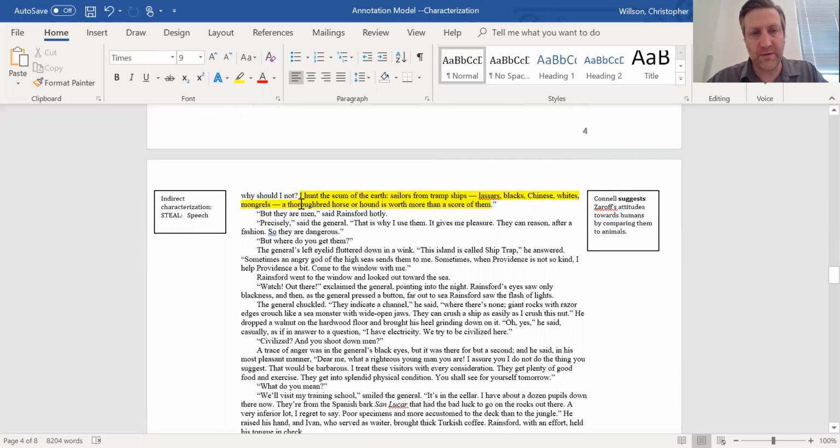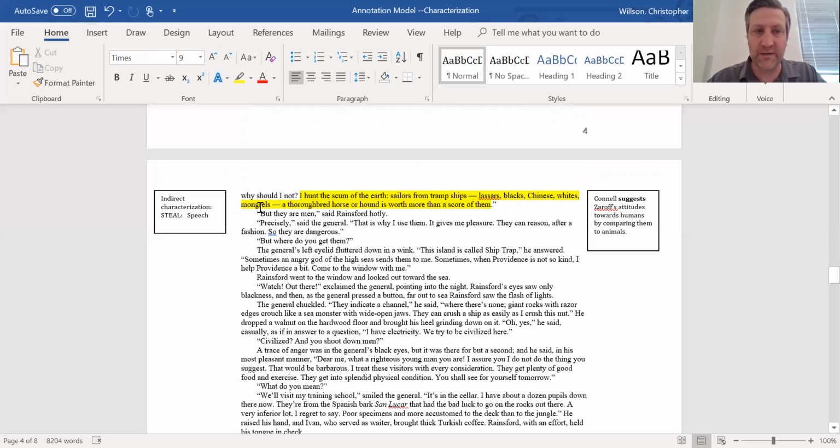I hunt, so this is Zaroff again. "I hunt the scum of the earth. Sailors from tramp ships, lascars, blacks, Chinese, whites, mongrels. A thoroughbred horse or hound is worth more than the score of them." Well, he doesn't seem to have a very good attitude towards humans. He's kind of equal opportunity. He mentions a lot of different races here.